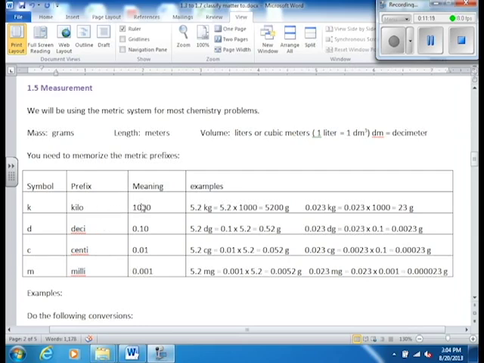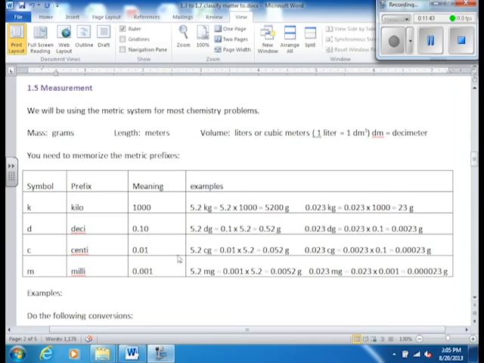You must know kilo. When you see kilo before a unit, this would be a kilogram. You just replace the kilo with 1,000. So that would be 5.2 times 1,000 grams. The deci means 0.1, so you'd have 5.2 times 0.1 decigrams.